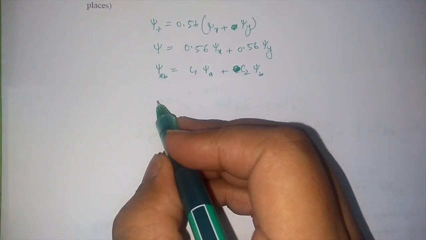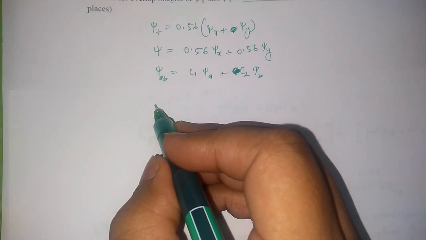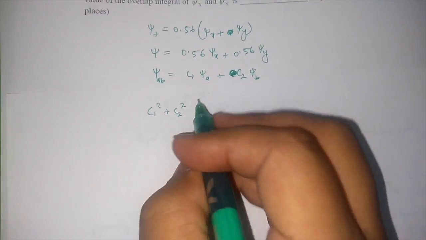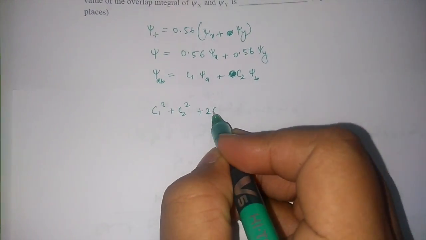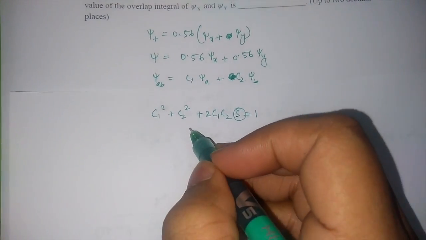The equation to calculate the overlap integral is c1 square plus c2 square plus 2 c1 c2 s equals 1, and this s will give you the overlap integral.